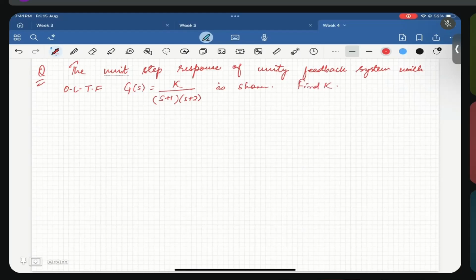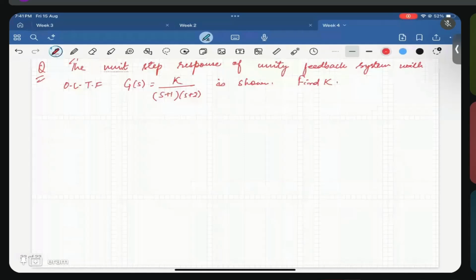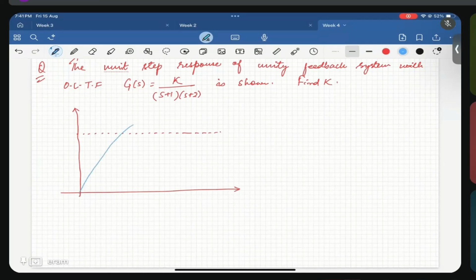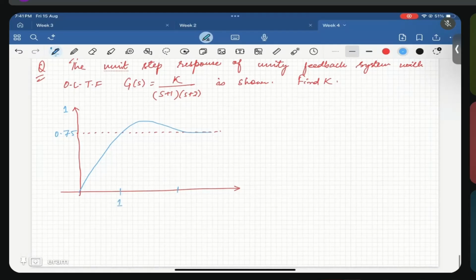Okay, you have to find k, and the step response is like this. So this value is 0.75, and this is 1 second, this is 2 second.